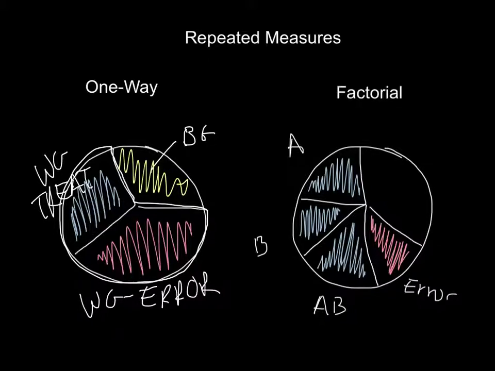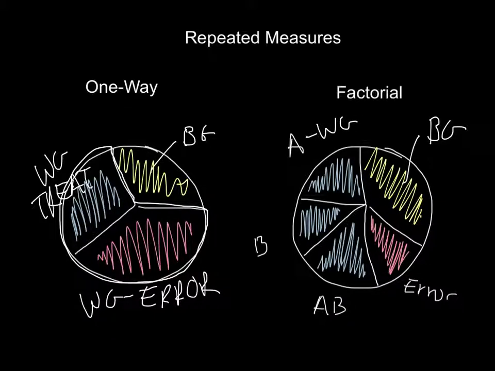The same stays true when we get to our factorial. The between groups component remains a constant that is otherwise removed from the analysis, so we don't include it. My A factor, my B factor, and my AB factor are all considered within groups treatment.